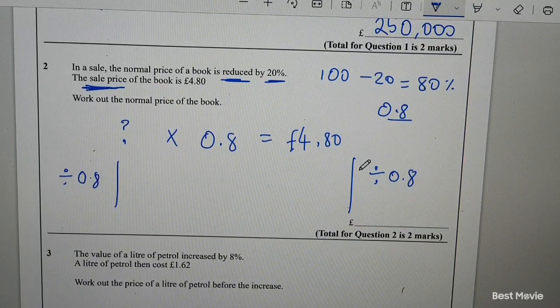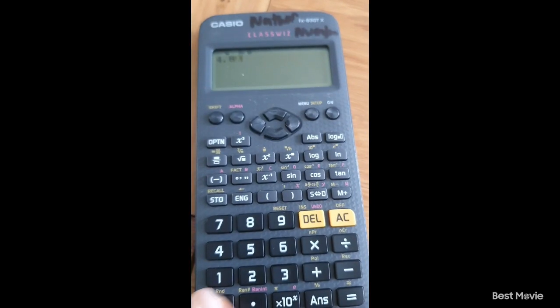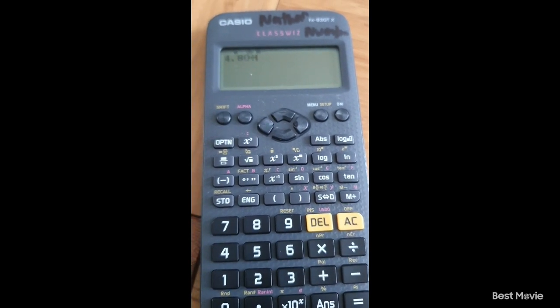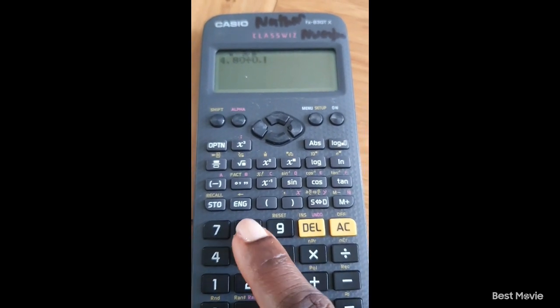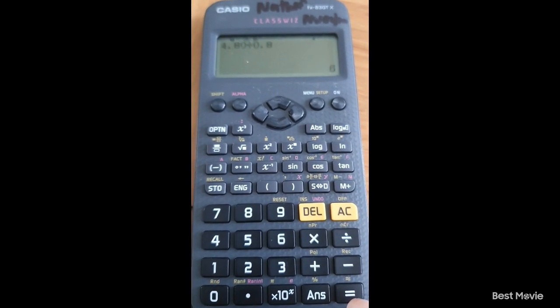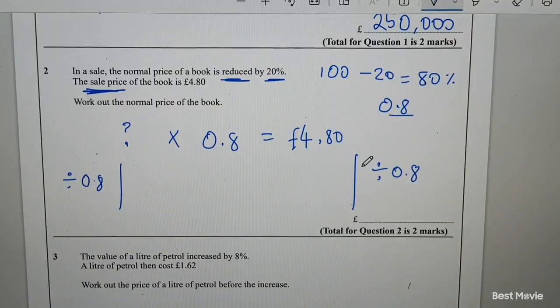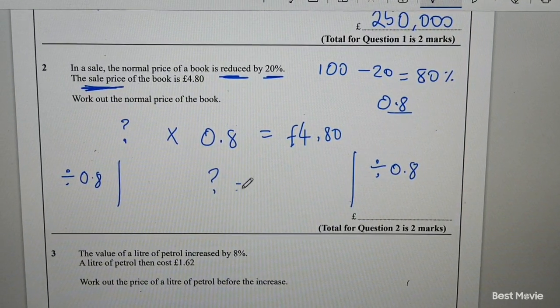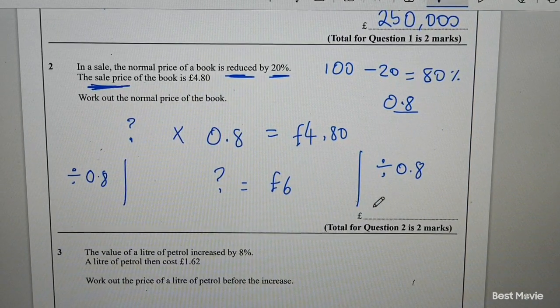So £4.80 divided by 0.8 equals 6. So the normal price was £6.